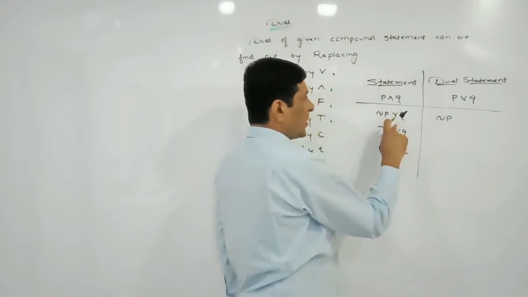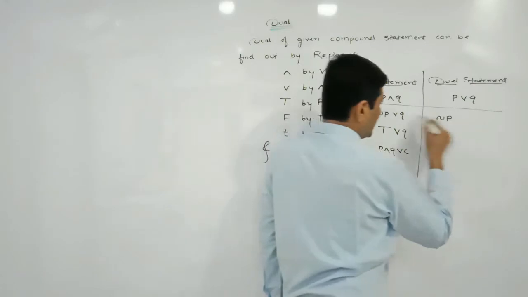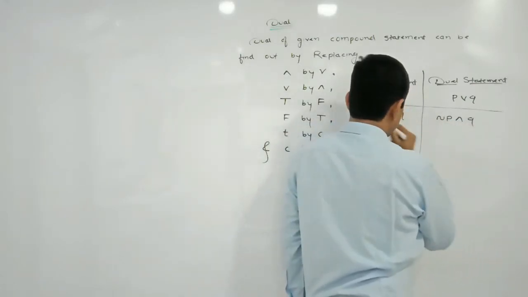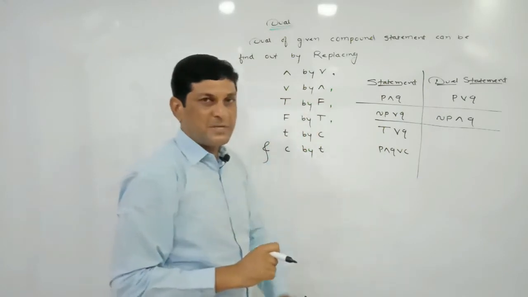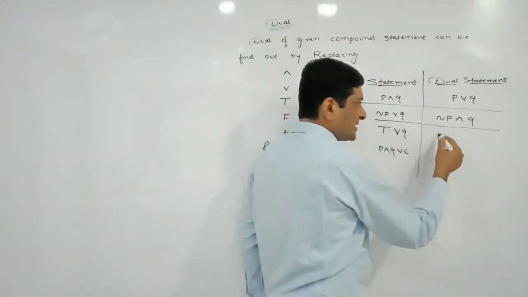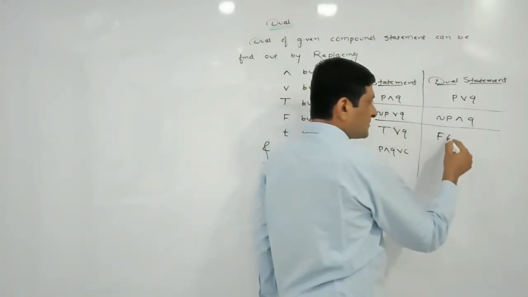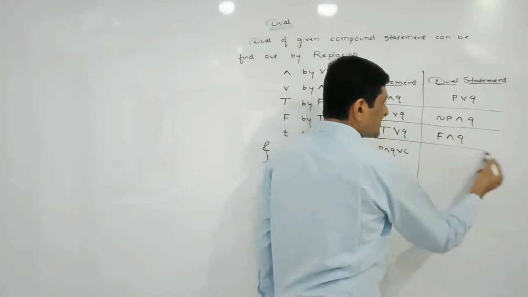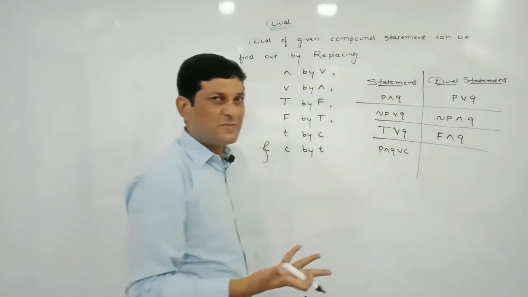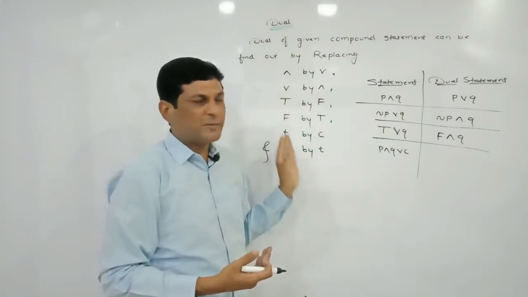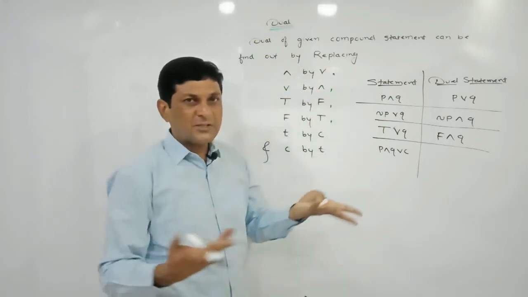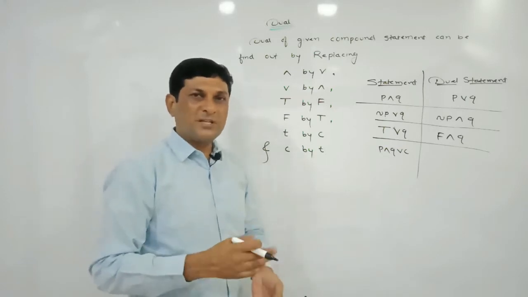According to our rule, or will get replaced by what? And. Replace this or by and. Now in the third case, capital T will get replaced by what? Capital F. So replace it by capital F. Again or will get replaced by and, keep Q as it is. So hope the idea of how to find the dual is clear. If this notation appears in the statement, then replace it by this notation. The new statement is called the dual of the given statement.